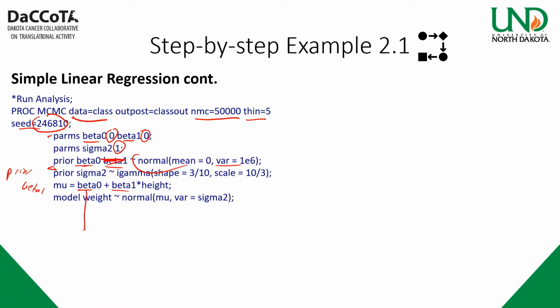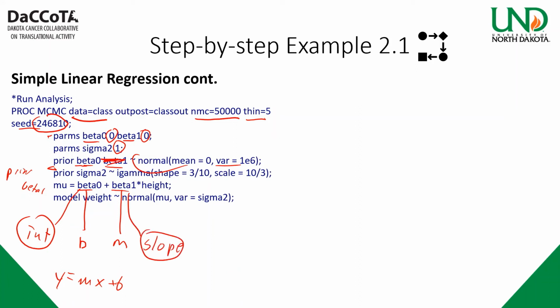That means this is essentially what you might say is b and this is m in y equals mx plus b, where this is the intercept and this is the slope. Now I think you can call it whatever you want, but this is how it's set up, so I'm just using the terminology that's here.